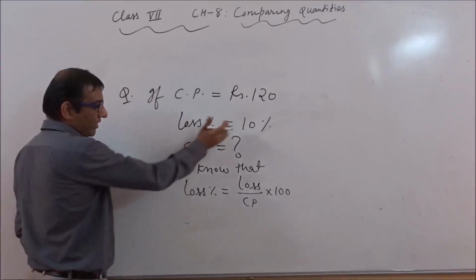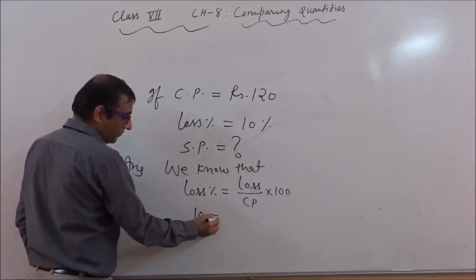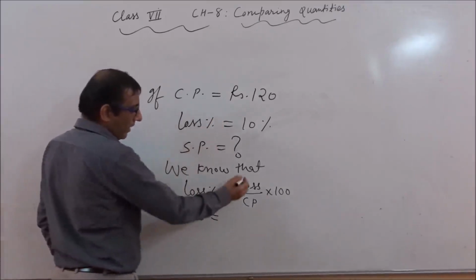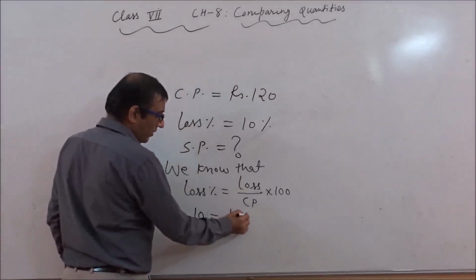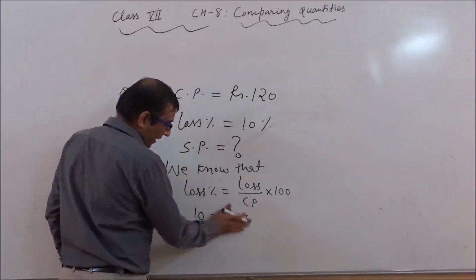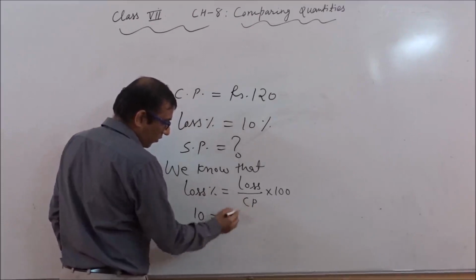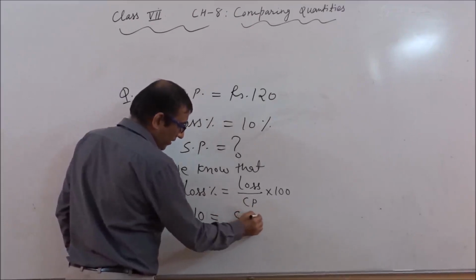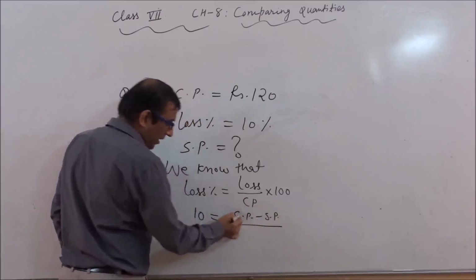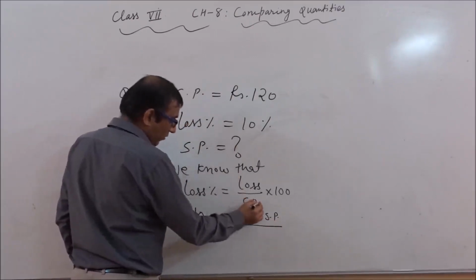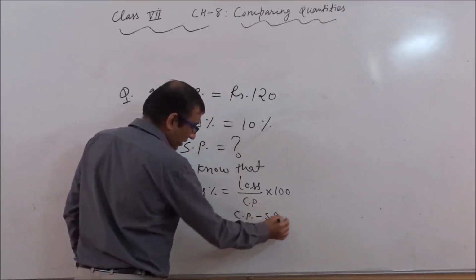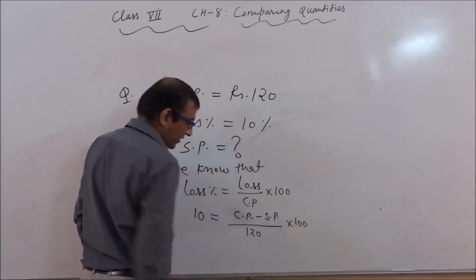Loss percentage is given to us, it is 10%, and about loss we have no idea, so it is better if we write here the formula of loss, that is CP minus SP. And CP is given to us, that is 120, into 100.